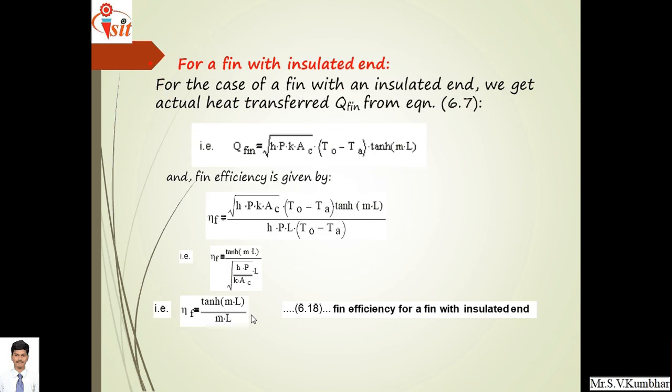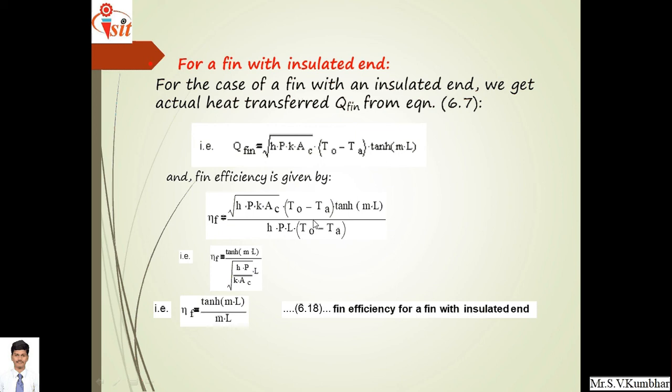Similarly, for a fin with insulated end, there is a presence of hyperbolic tan mL in the previous derivation. So Q fin is equal to square root of hPkAc (T0 minus Ta) hyperbolic tan mL, and similarly fin efficiency is given, the denominator will remain the same because this is the maximum possible heat transfer through the fin. So efficiency of fin for insulated tip is equal to square root of hPkAc (T0 minus Ta) hyperbolic tan mL upon hPL (T0 minus Ta).